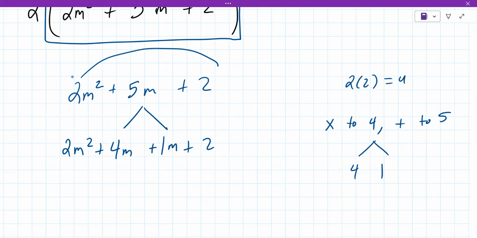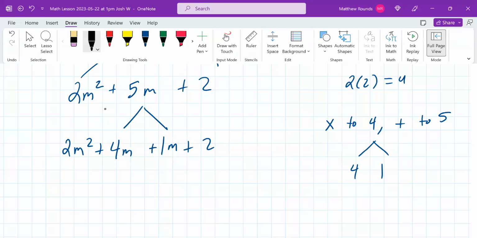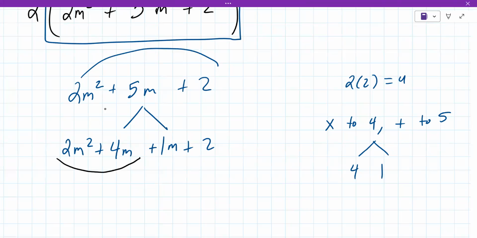Now, do you remember what we did in the previous problem at this point? We factored, right? We found the GCF of the first two terms.